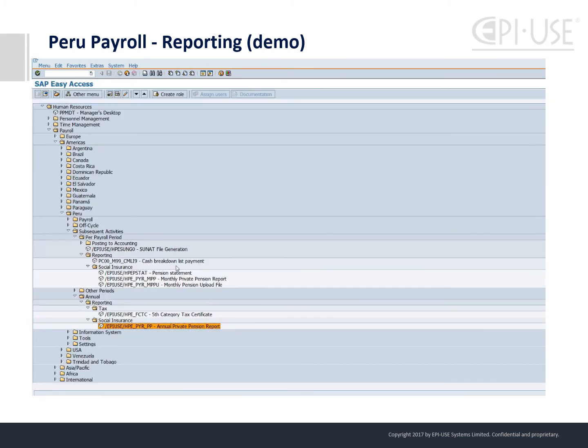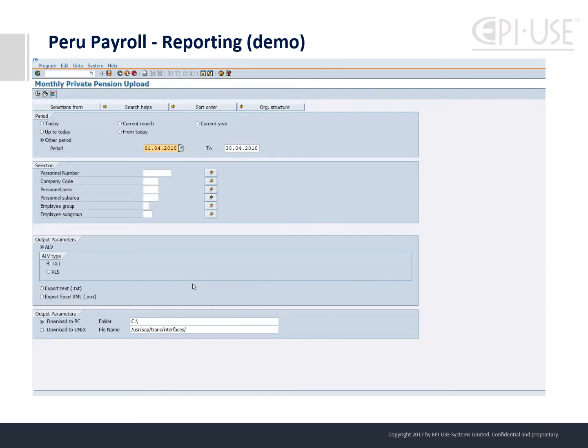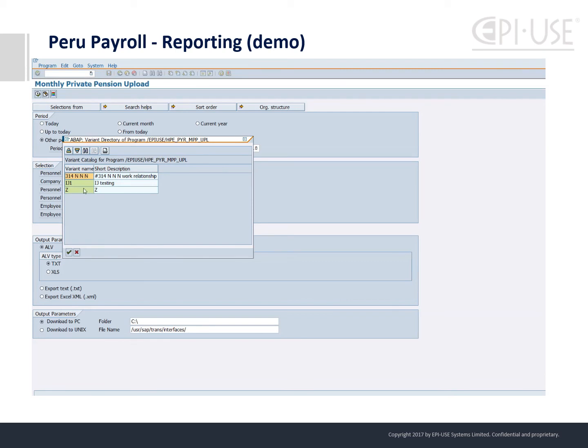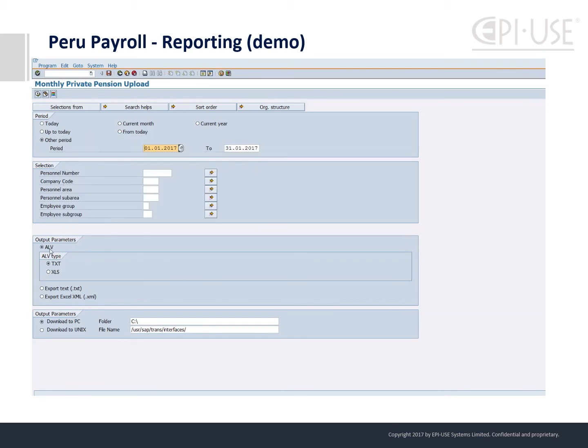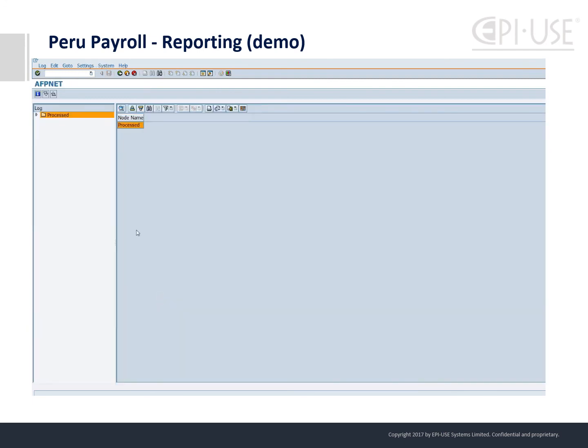Okay, so let's have a look at another example. The monthly pension upload file. It's the same principle. We just look at the variant. We can run an ALV for a specific company to see the different employees that are selected. Now in this case, it shows us this format.